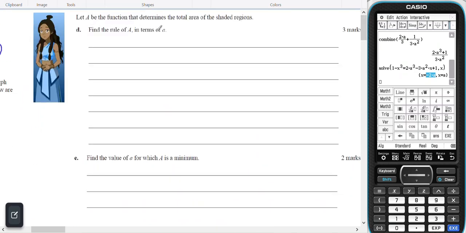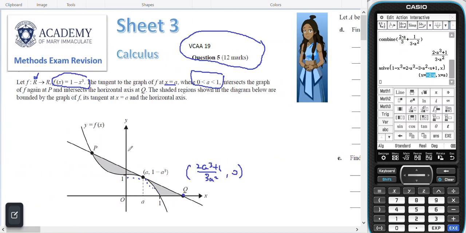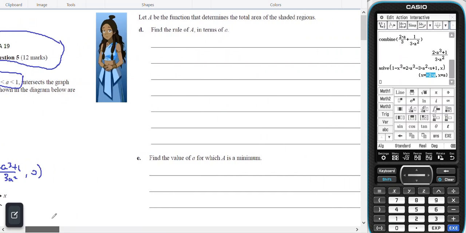D says, let A be the function that determines the total area of the shaded region. Find A in terms of a. I'd like to consider this as being two things. I'm going to consider the region between P, Q and this line here, so this is the first bit, so the large triangle, but I'll use an integral to do it.